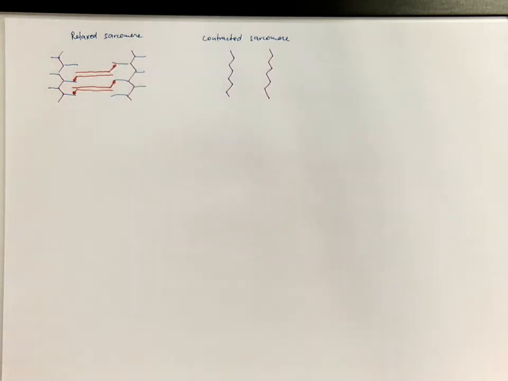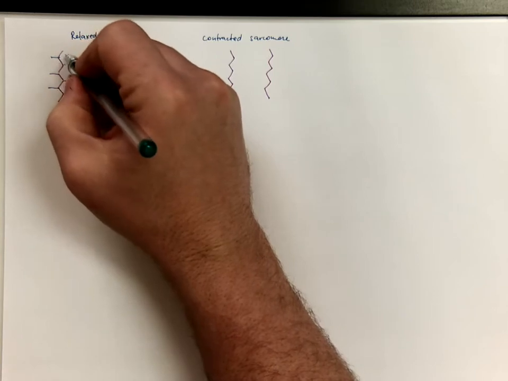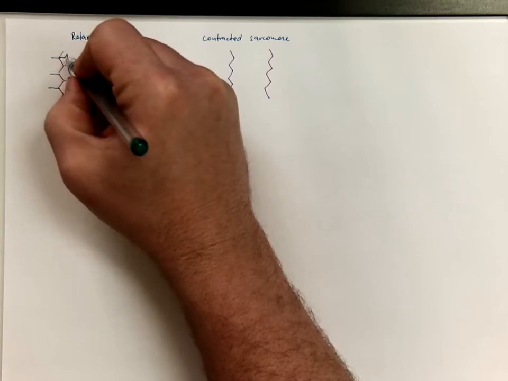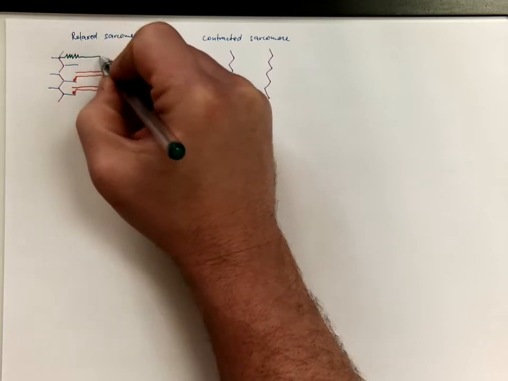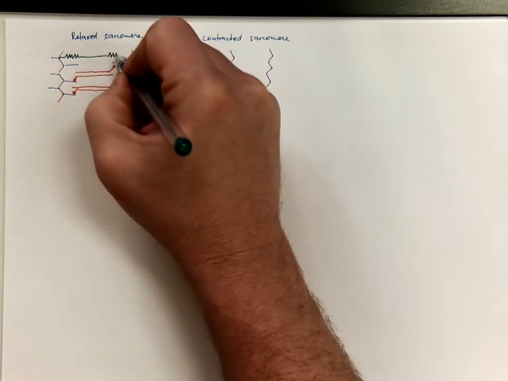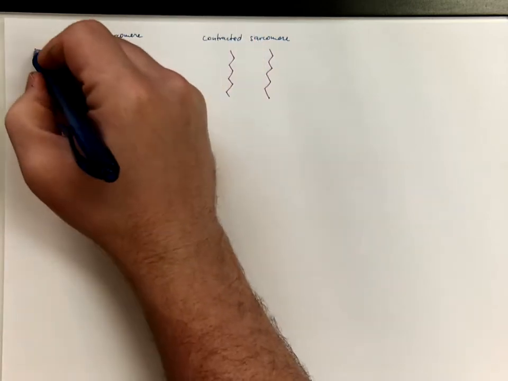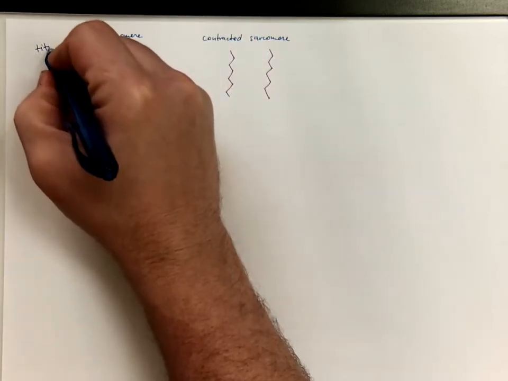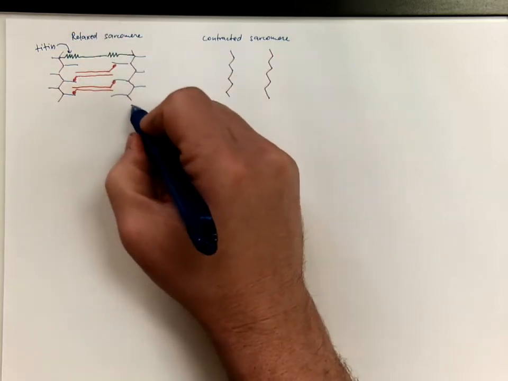And I will add one more structure here, which is a protein that works like a spring, like a mechanical spring. It's called titin. So that's the Z line.